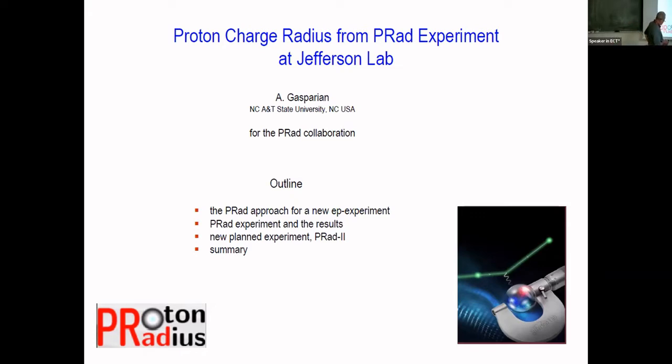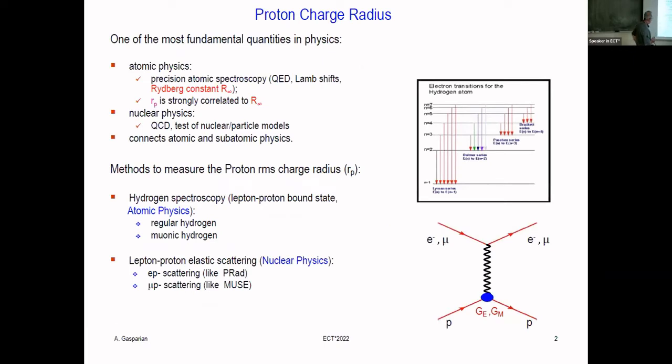With that said, I will go through this slide very briefly, because some students are here. Again, this is the electron scattering technique. The bottom one is this, the upper one is the atomic spectroscopy method. In the electron scattering method, we have electron-proton and muon-proton scattering, like news coming soon, and we hope to see that as soon as possible.